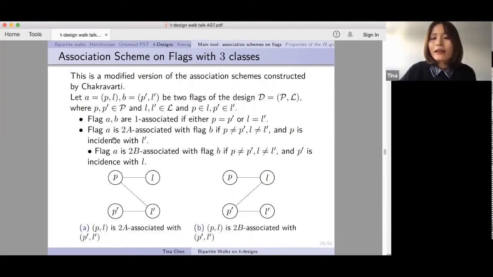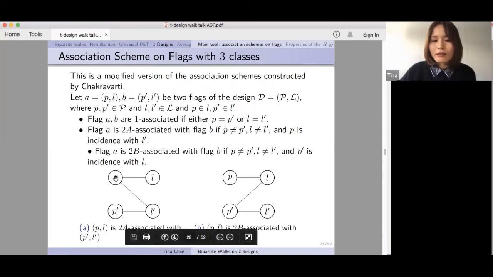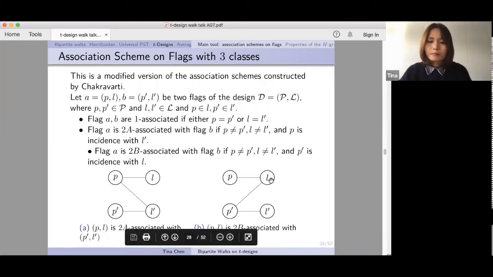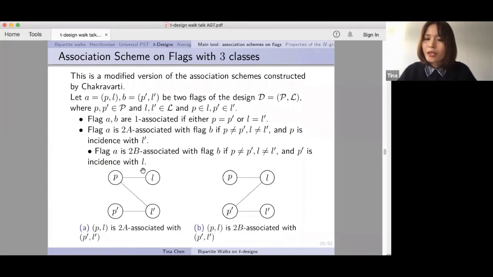And we say a flag A is 2A-associated with flag B if the points and lines are different, but the point of A is contained in the line of B. Similarly, we say a flag A is 2B-associated with flag B if they have different lines and different points, but the point of B is contained in the line of A. So we can see if a flag A is 2A-associated with B, then B will be 2B-associated with A.